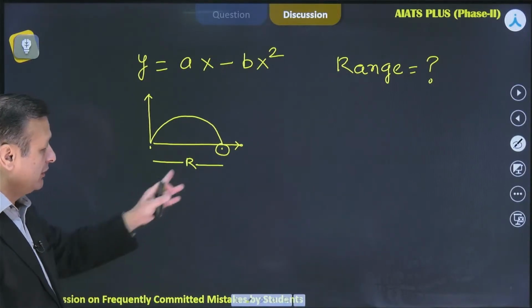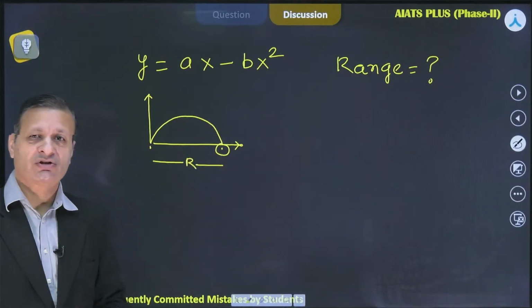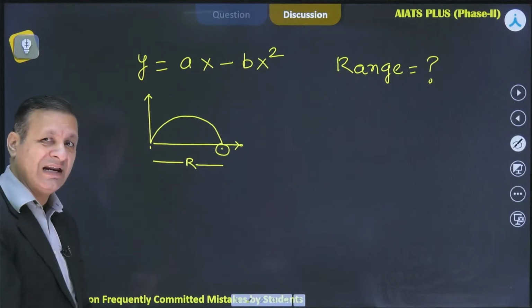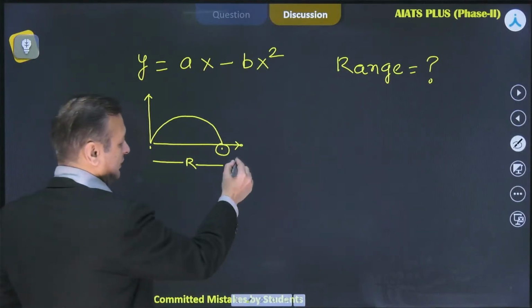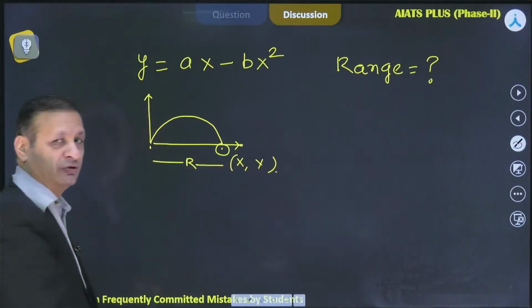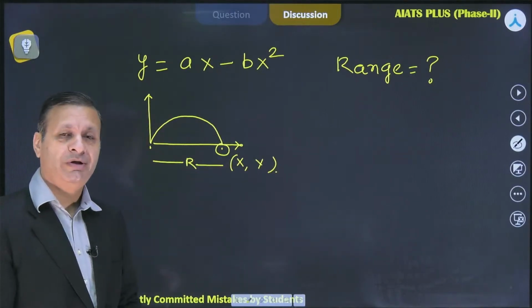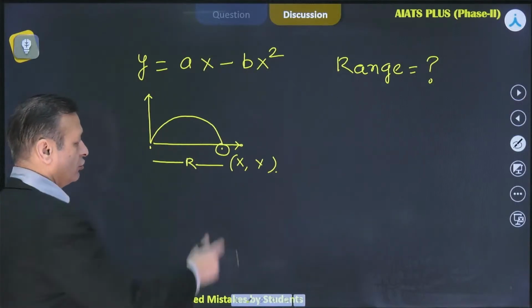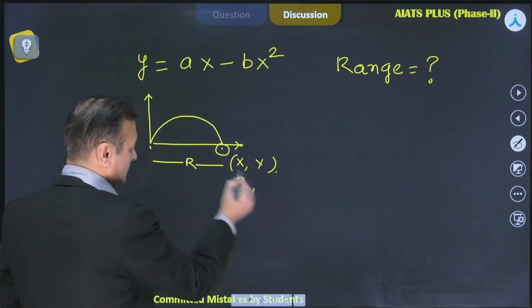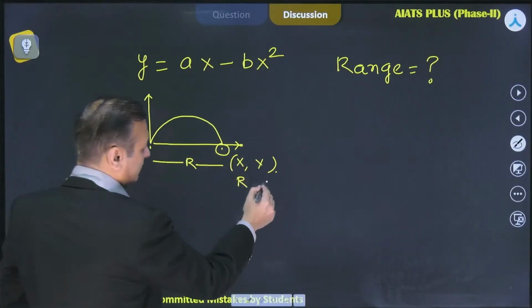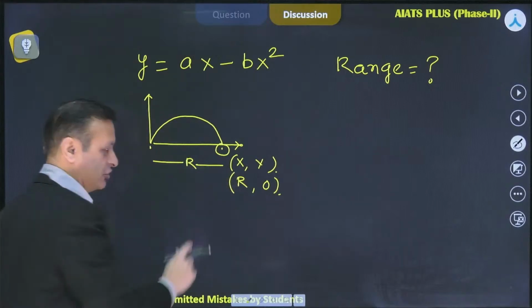One more important point: if you look at the coordinates of the point where the projectile finally lands, and I ask you to write the general coordinates, because this is 2D motion, we simply write x comma y. Your x is basically referring to your range, and the y coordinate for this is 0.